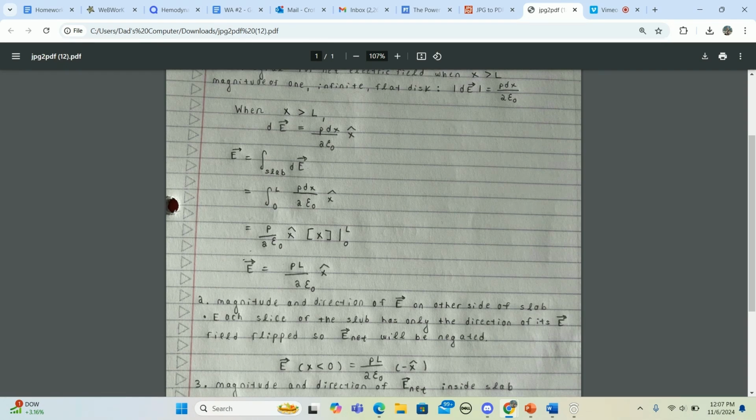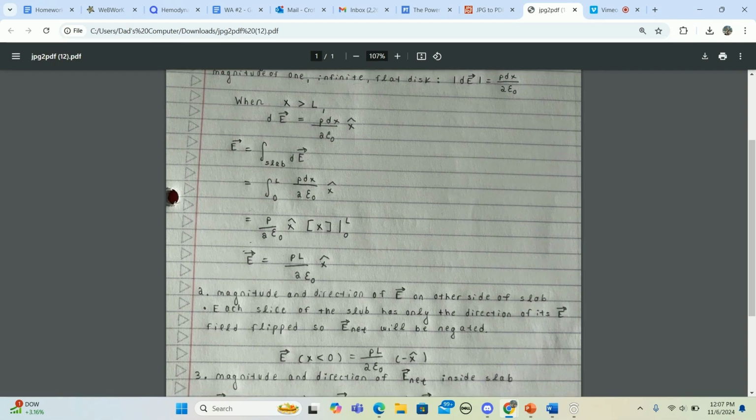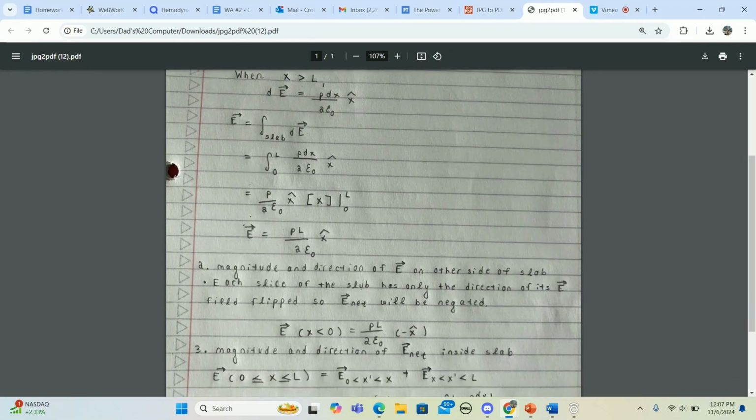Since we know that the length is L, we integrate over this length, from 0 to L. Once we pull the constants outside of the integral, we're just left with dx.